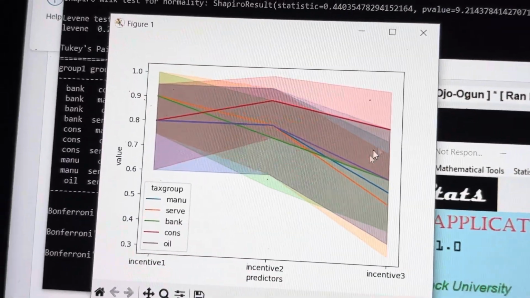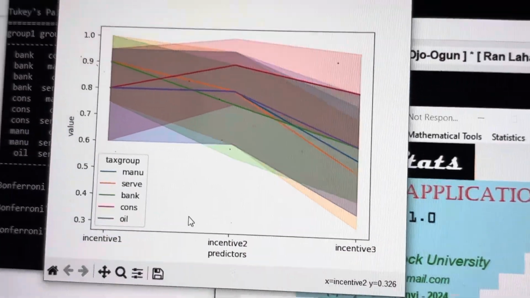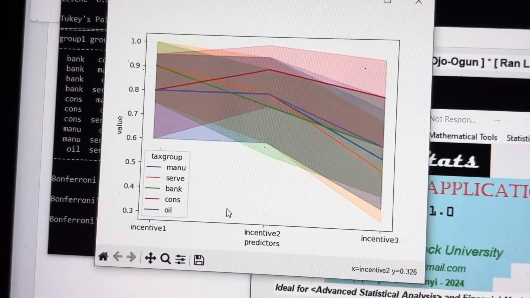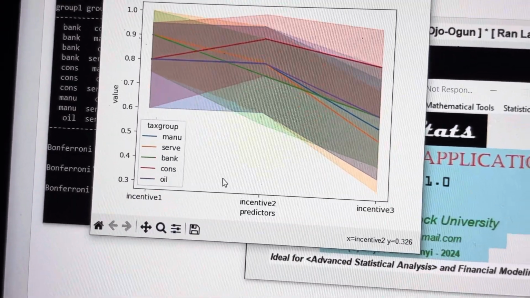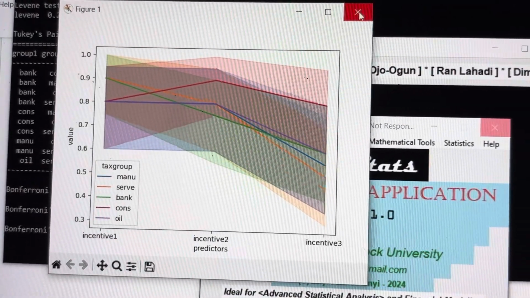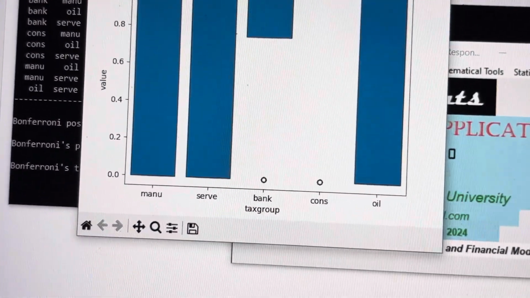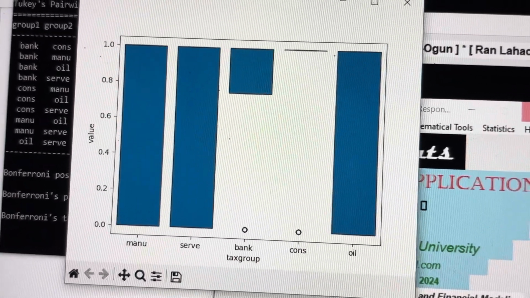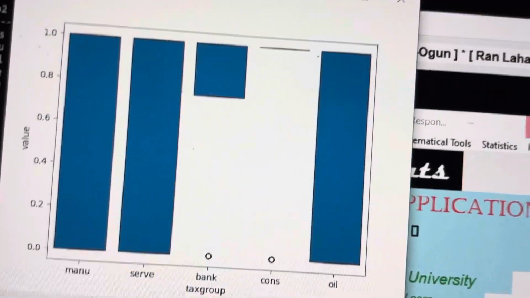And then, yeah, this is the stacked line graph with each group showing its own color, and then the influence that they have over others. And then, yeah, this is another one. You can see the manufacturing, the service, the bank, the construction, and the oil, the way they are.